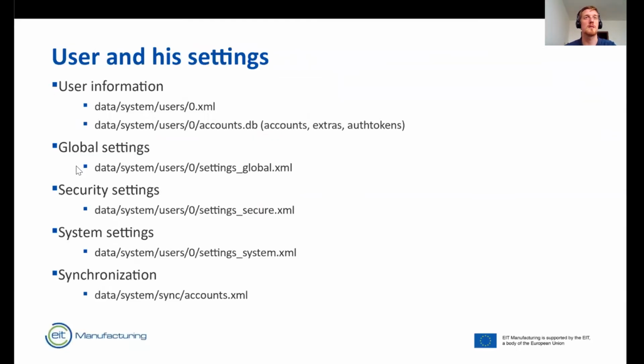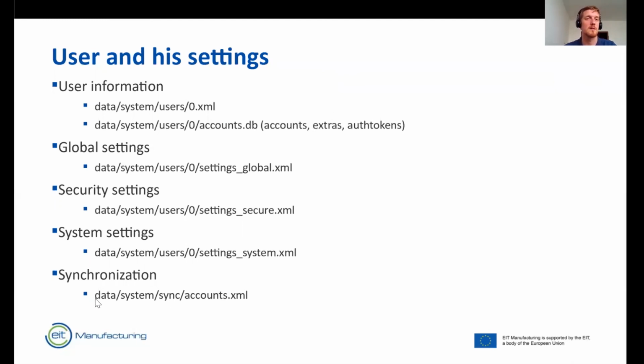There are also global settings, security settings, and system settings. I will not show you these because they are huge with plenty of settings, but you can find here basically everything from your ringtone to the name of your device on a Bluetooth network.